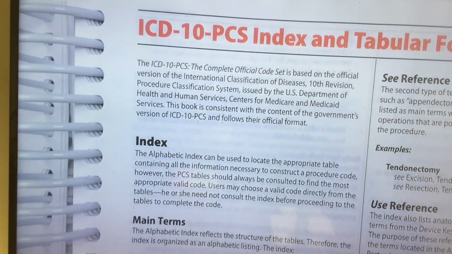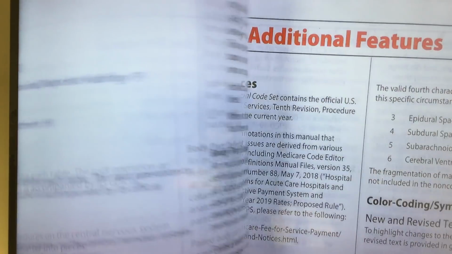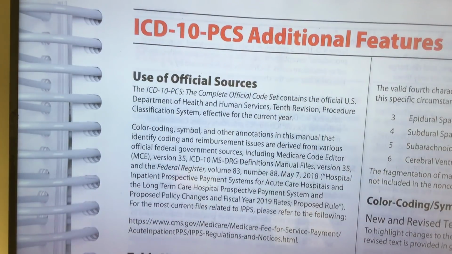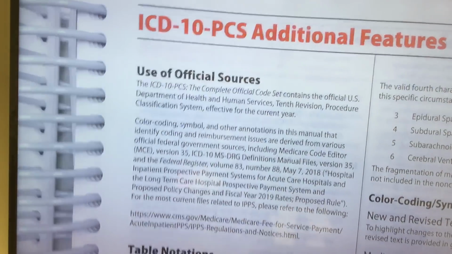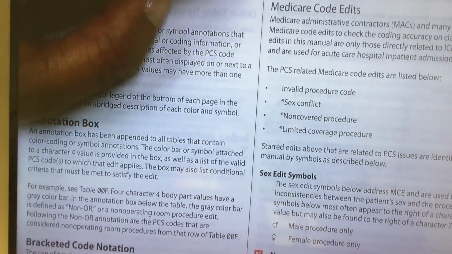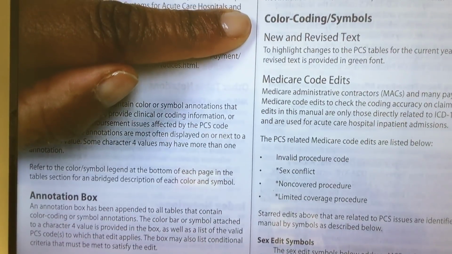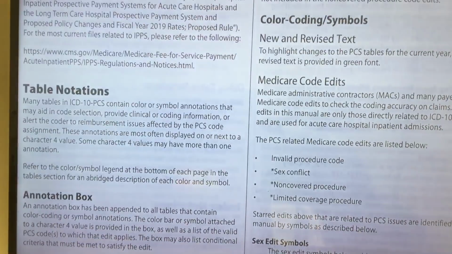So remember that portion on the ICD-10-PCS index and tabular format? That's there, very important. The additional features, very, very important, because there are some color coding symbols that are in the ICD-10-PCS manual, and that's important when you're using this particular manual, okay?